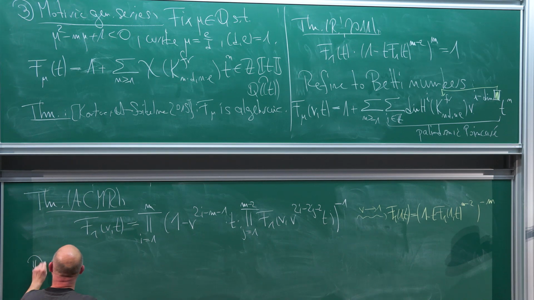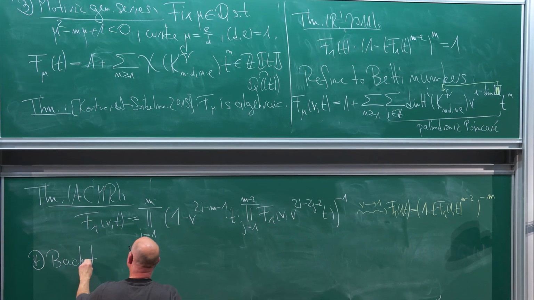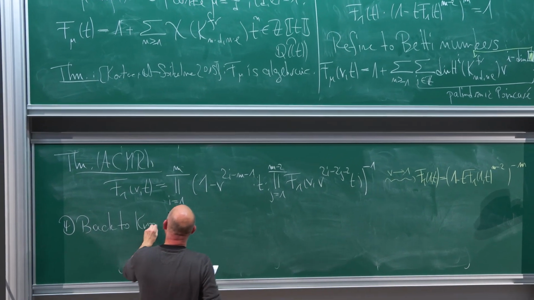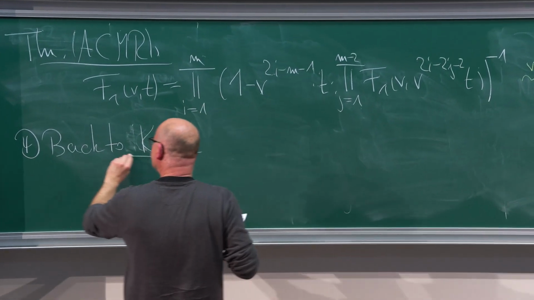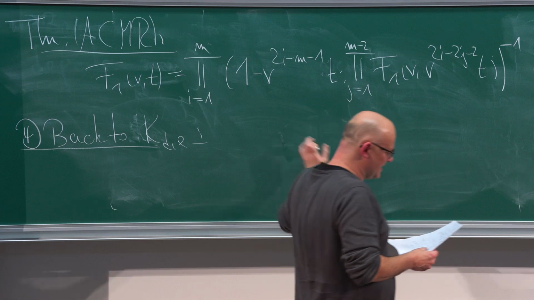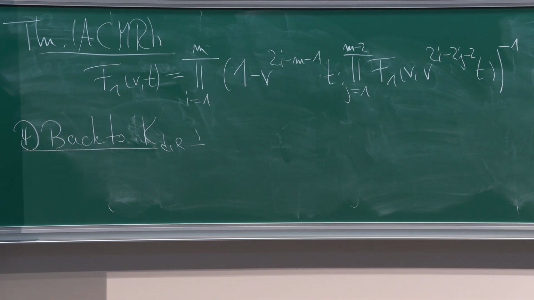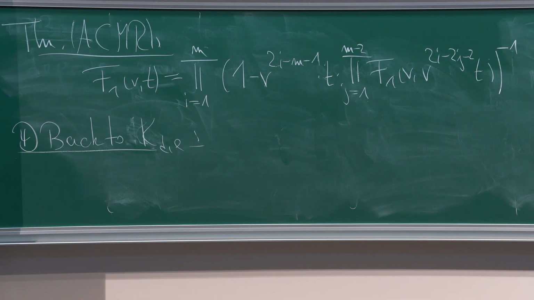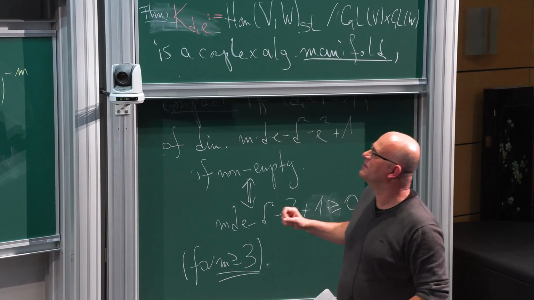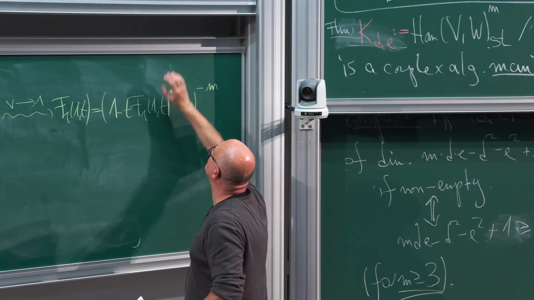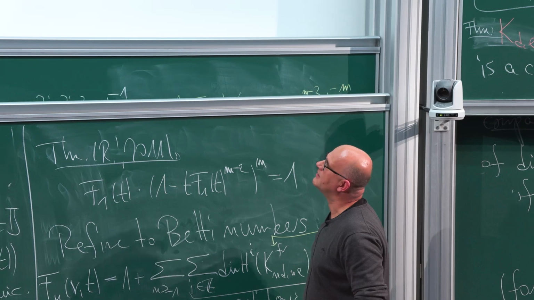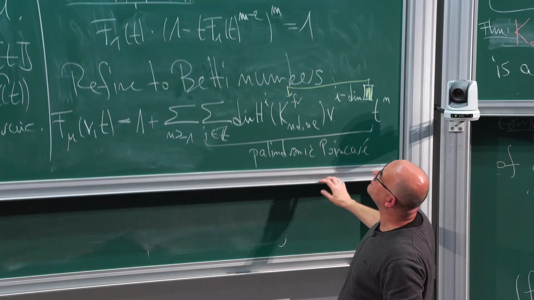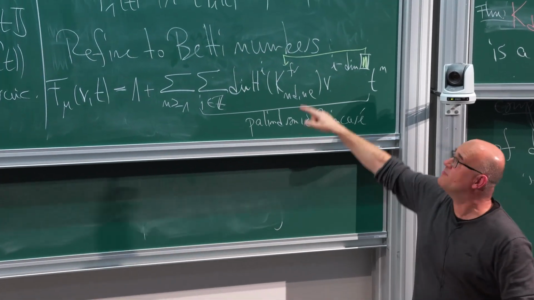Now we can go back to Kronecker moduli, to the original one. So back to the KDE. Namely, and this is quite tricky, I cannot explain the constructions behind this. We have seen a relation between our framed and non-framed moduli spaces.